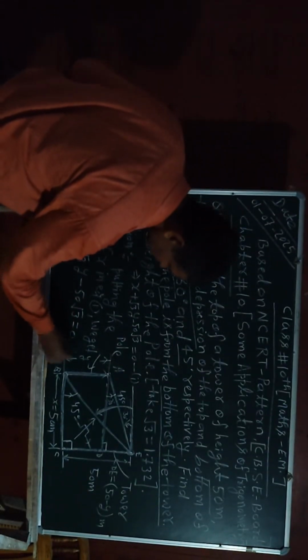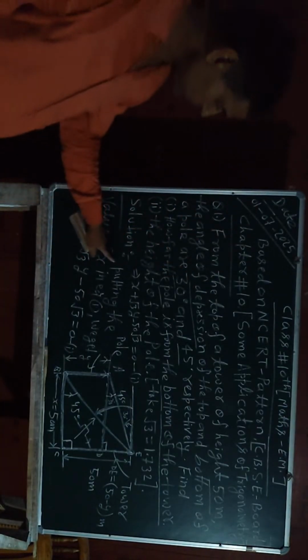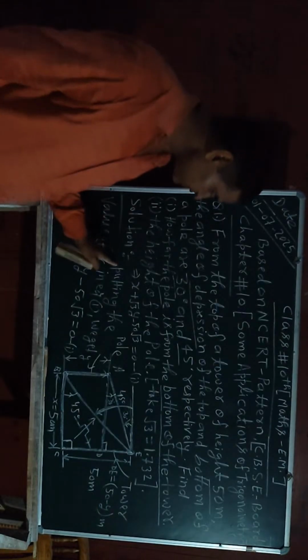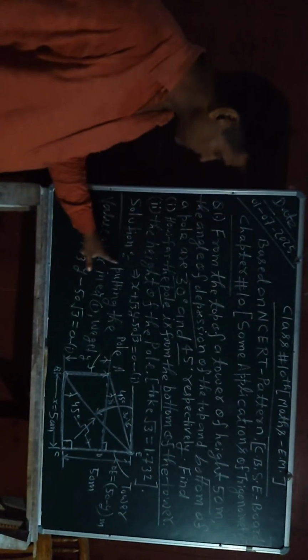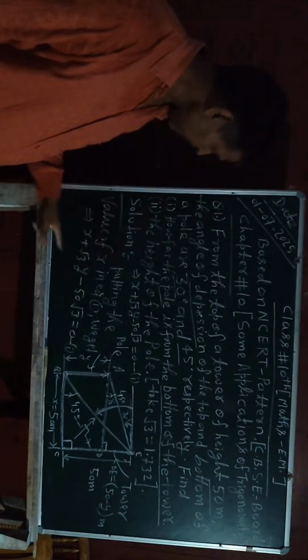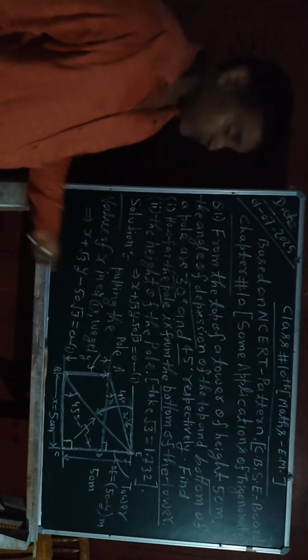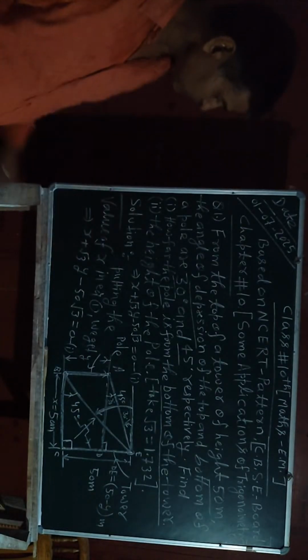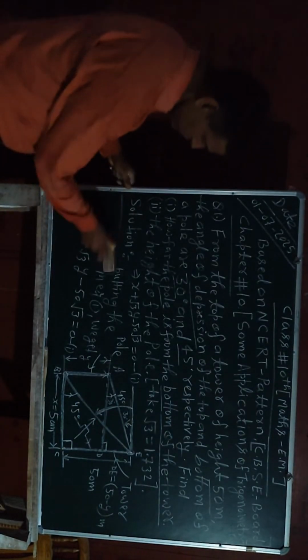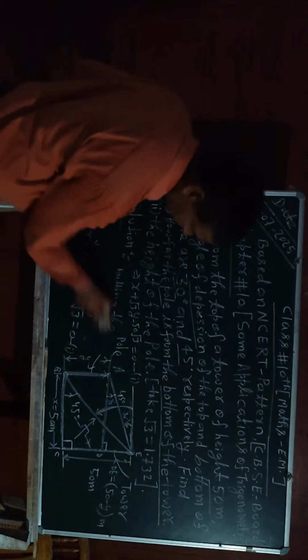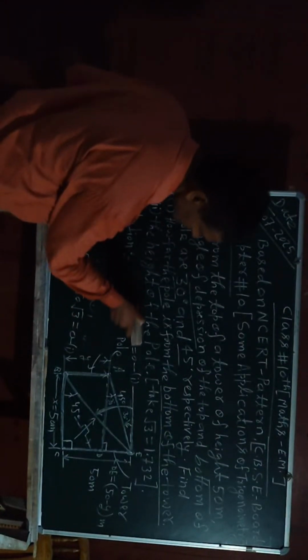And I will say this is equation number 1. Now this statement I will use properly in equation number 1 for getting the value of y. Now I am going to erase the above data for calculation. Safely I am erasing it.